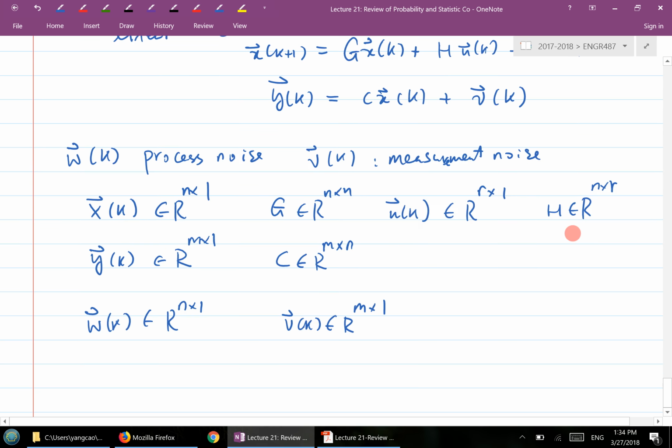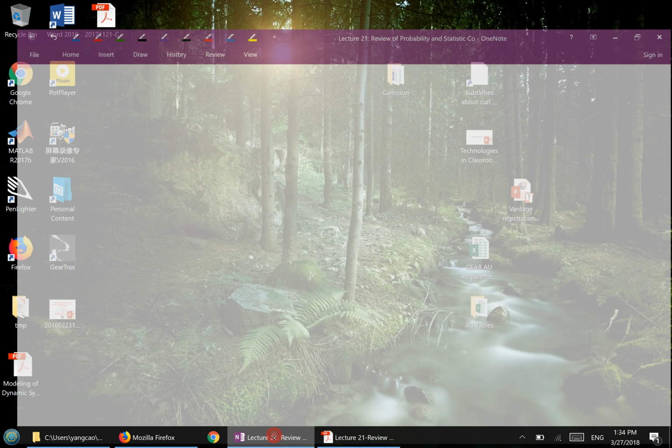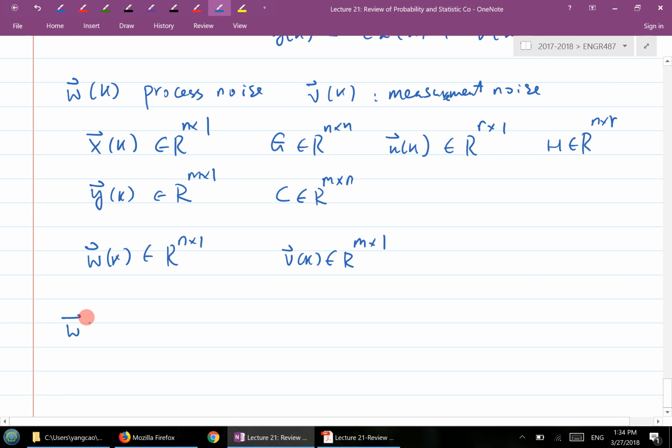For W of k, it's a vector with W1 of k up to Wn of k. And k can take 1, 2, up to however many measurements you are taking.